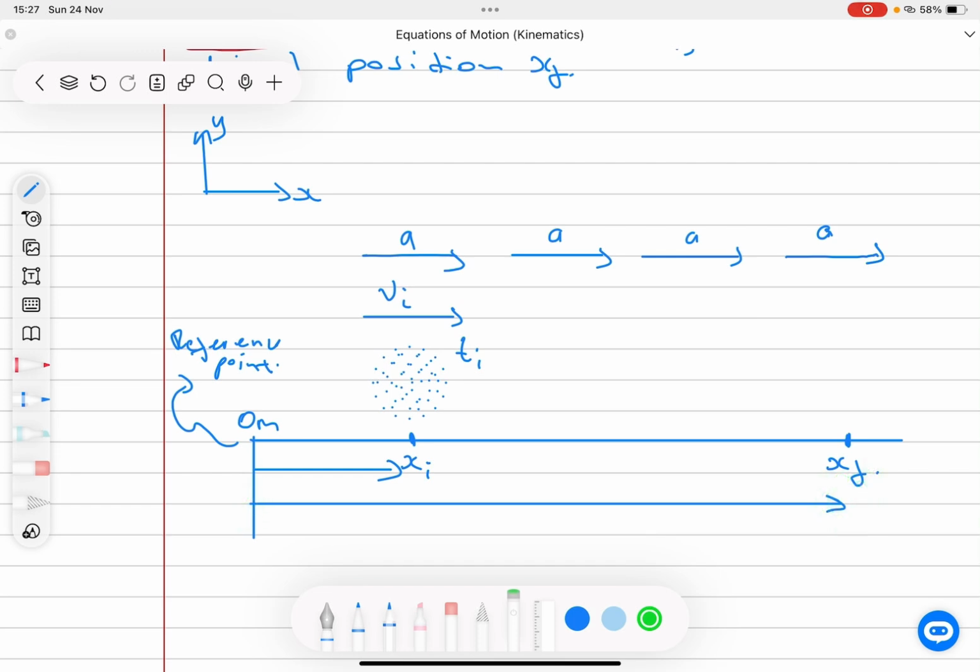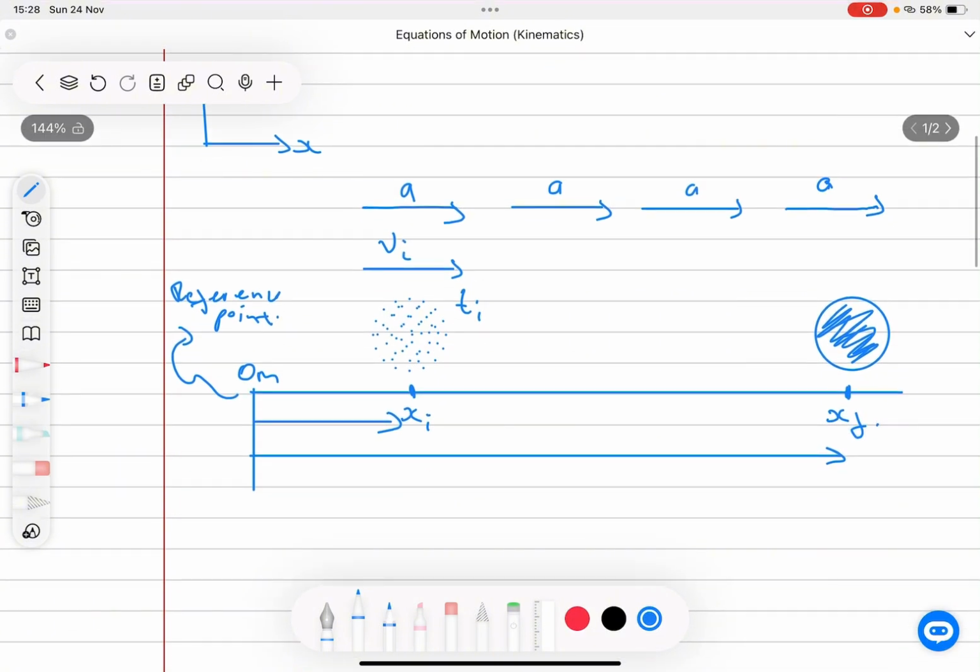So this could be something like 10 meters away from the reference point. This is where our object is now located in space.